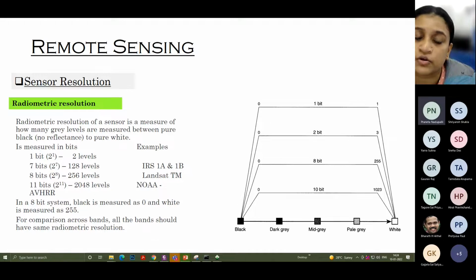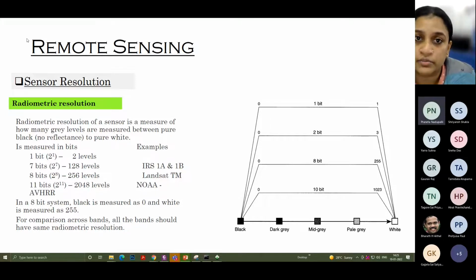On that basis, it could be 2 levels, 128 levels if it is 7-bit, 256 levels if it is 8-bit, or 2048 levels if it is an 11-bit satellite. So you will be more distinctly able to identify the image.